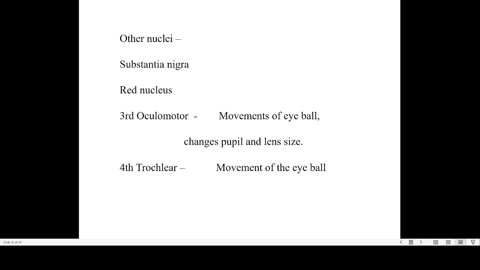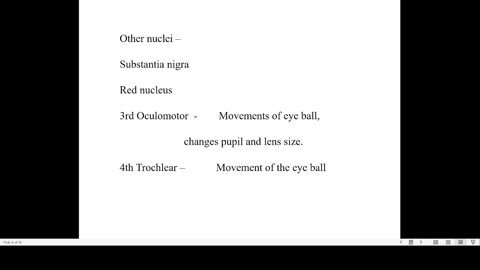Then the red nucleus and the nucleus of the third oculomotor nerve, which is mainly responsible for movements of the eyeball and changes in the pupil and lens size, and the fourth cranial nerve nucleus, that is the trochlear nerve, for movement of the eyeball. Particularly the third and fourth cranial nerve nuclei are located in the midbrain.